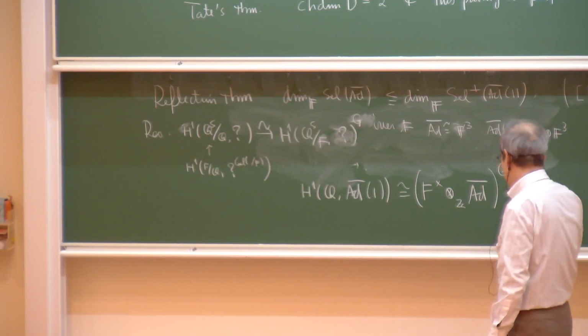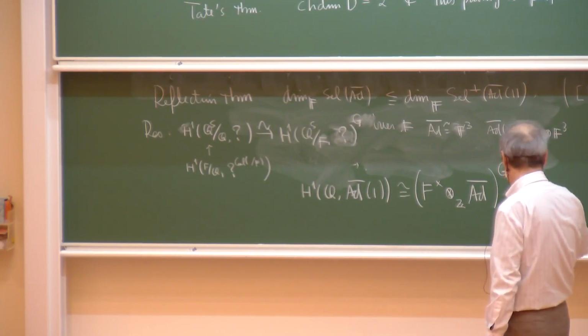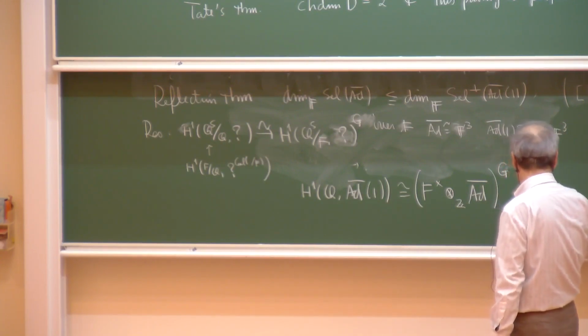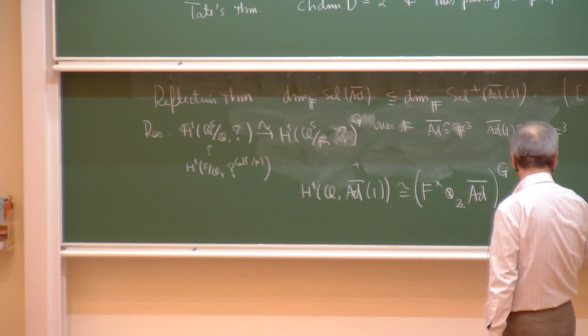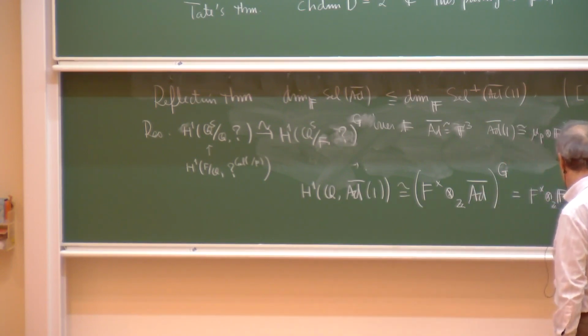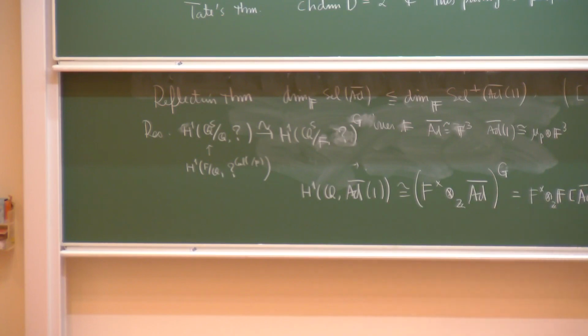Okay, so I possibly write this as F cross tensor over Z of the isotypical component of ad. Ad may not be irreducible. So strictly speaking, you can also perhaps say it in this kind of way.